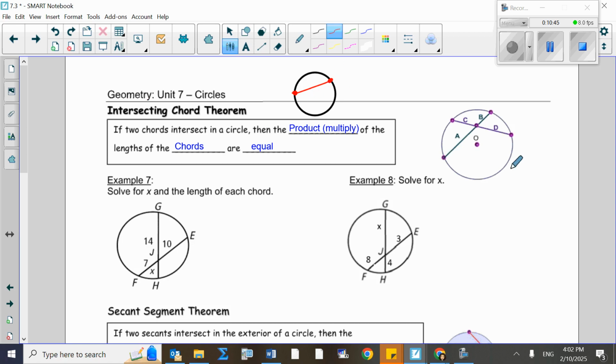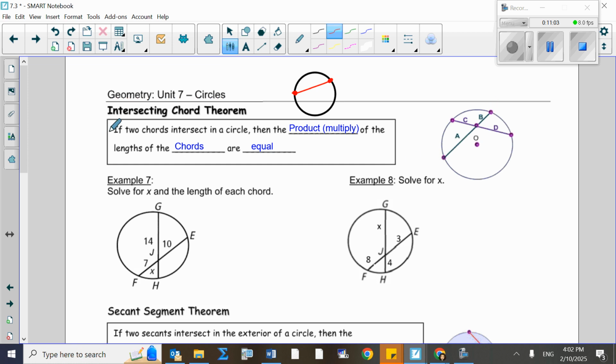Now, here we're talking about two chords that are crossing each other at one point. And as you see, as they cross, they're going to divide the other lines into two parts. So this line is divided into C and D, the other one is A and B.